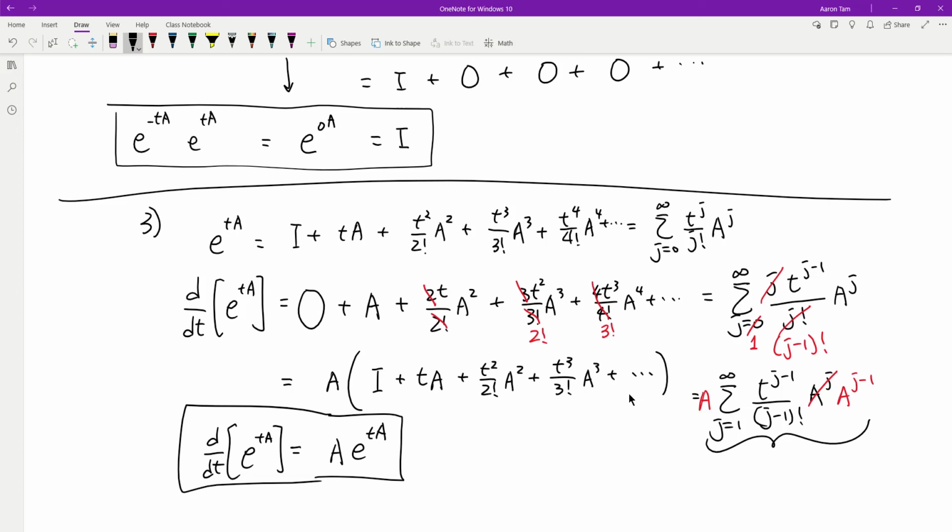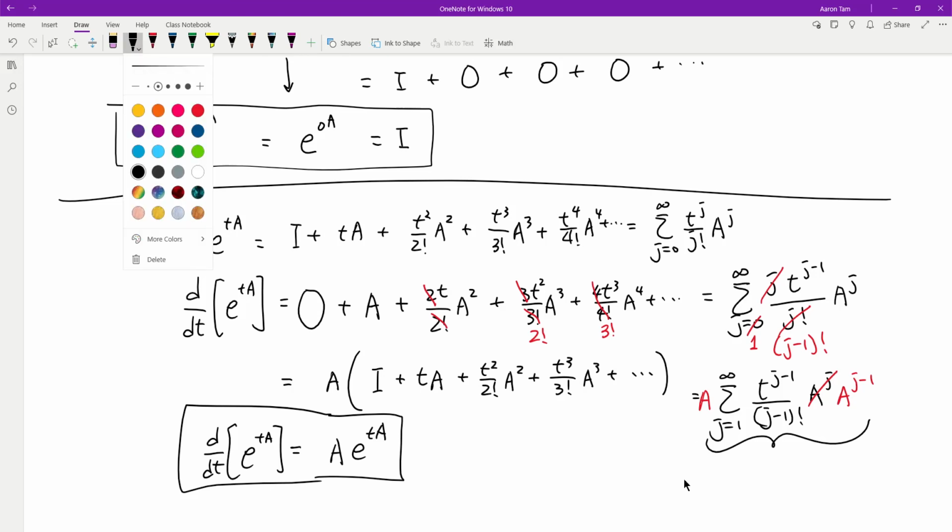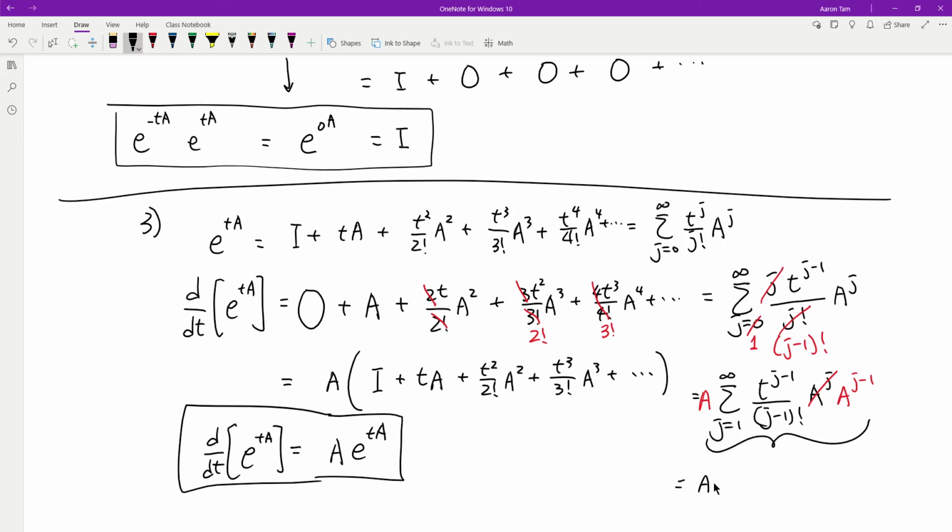And I know what you're probably thinking. You're thinking, well, but this one's to the j minus 1 power. But it doesn't matter, because it still goes on to infinity. That's the key. So that's why this would still end up being A e to the tA, which matches our formula right there.